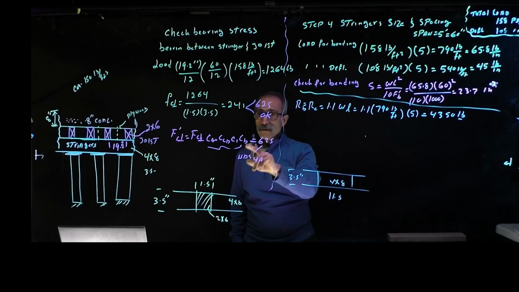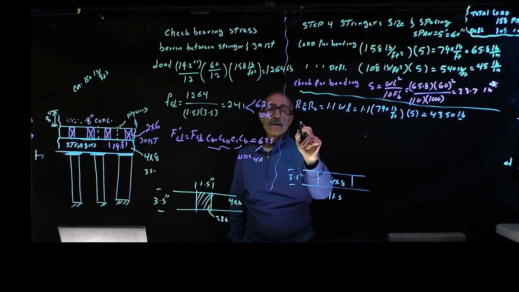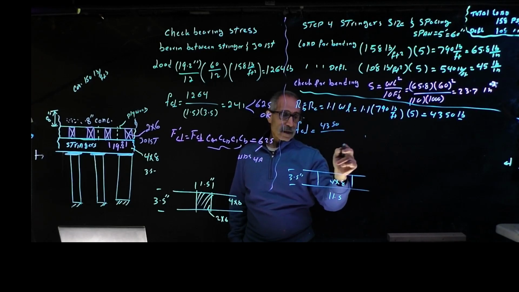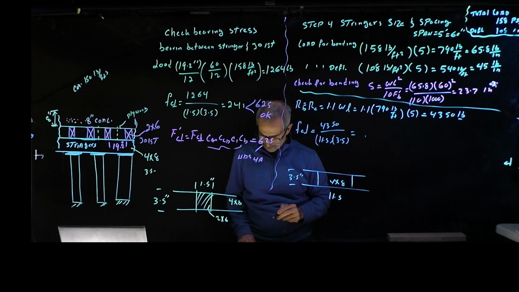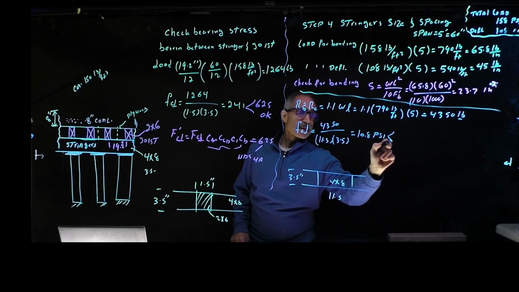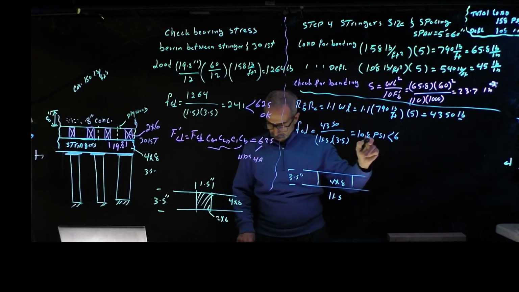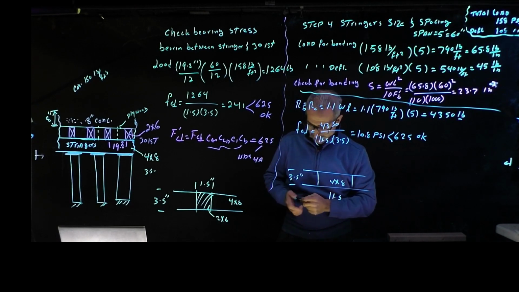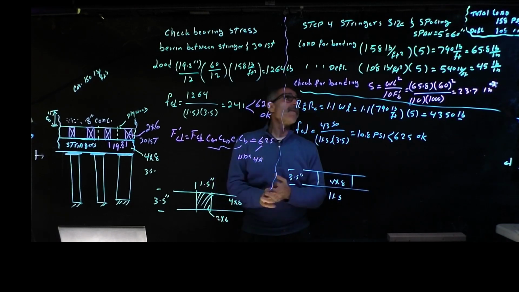We already have the capacity, so we calculate the compression stress due to the load, which is 4350 divided by 11.5 times 3.5, and that comes out to 108 psi, which is less than 625, and we're okay.